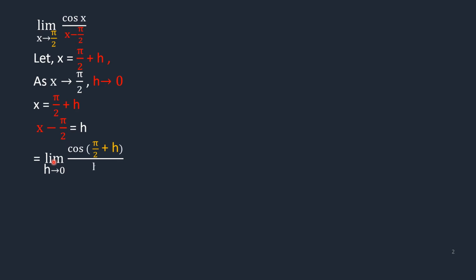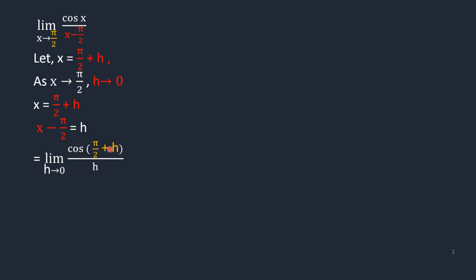So our limit will be cos(pi by 2 plus h) over h. See here, in place of x we have put pi by 2 plus h, and in place of x minus pi by 2 we have put h. Now we have to find the value of cos(pi by 2 plus h).